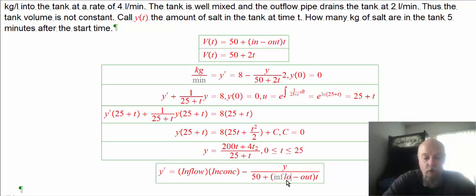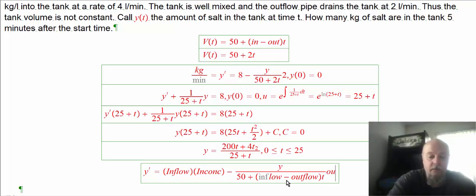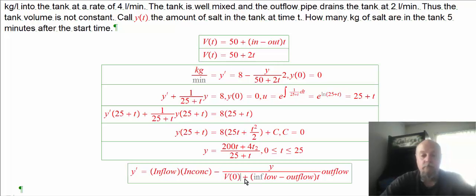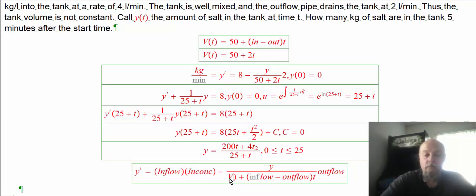Remember, these are inflows and outflows, and I need to multiply that by the outflow number. If the inflow and the outflow are the same, this 50, our initial volume, let's make that a V naught for initial volume.